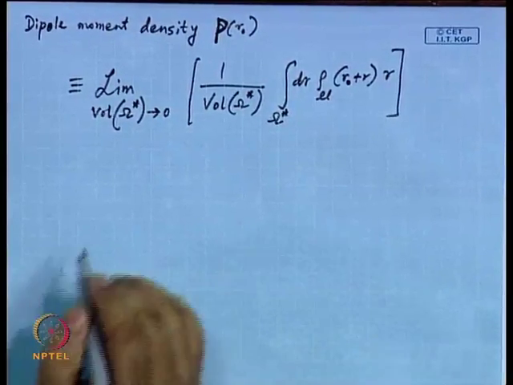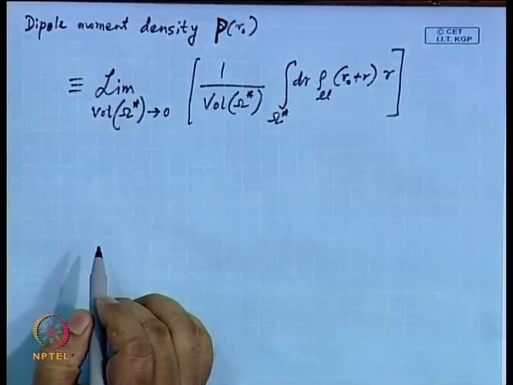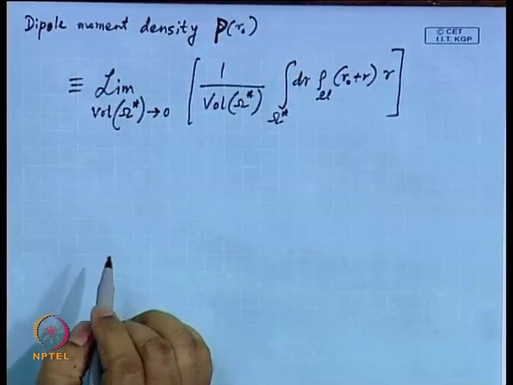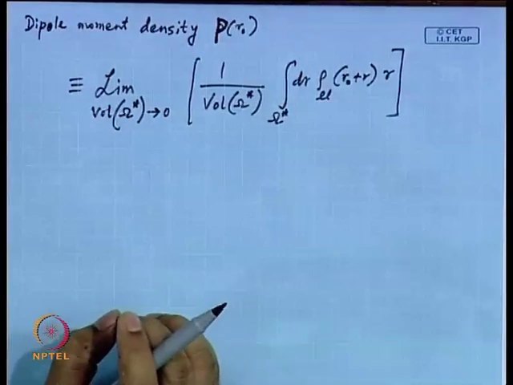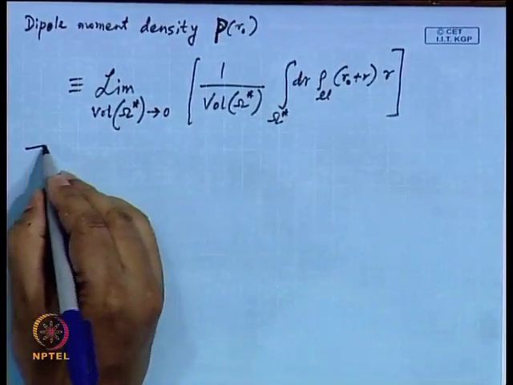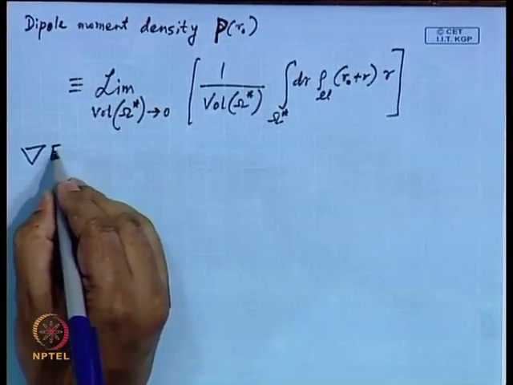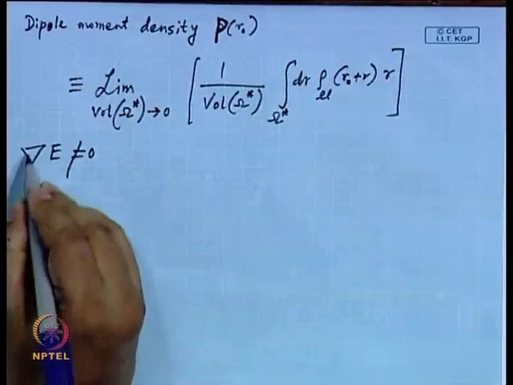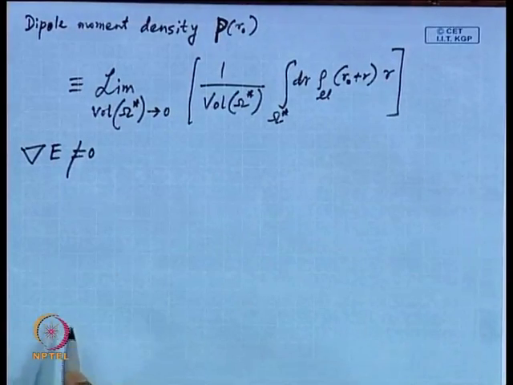Now, I said that we need to establish a non-uniform electric field, such that the gradient of E is non-zero.